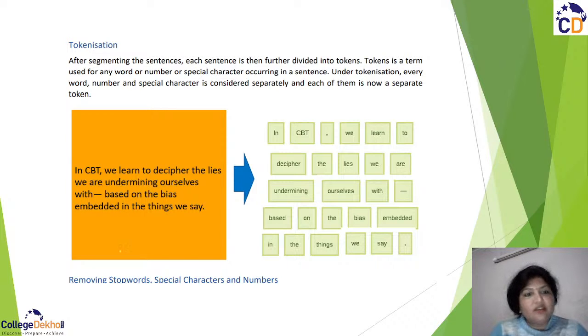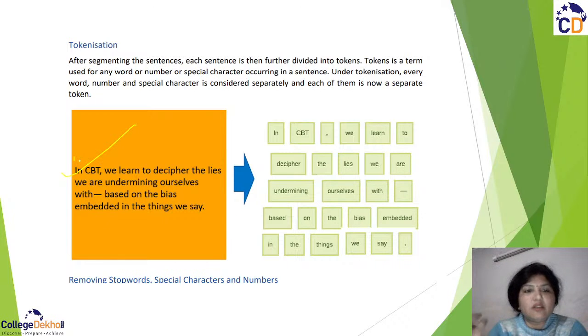We have taken the first sentence of our corpus. After segmenting the sentences, each sentence is further divided into tokens. Tokenization is the second step. Token is a term used for any word, number or special character occurring in a sentence.